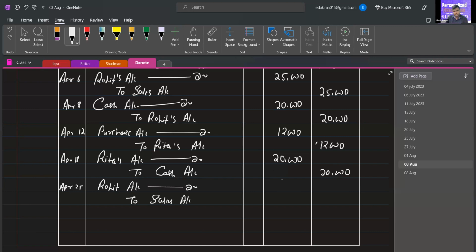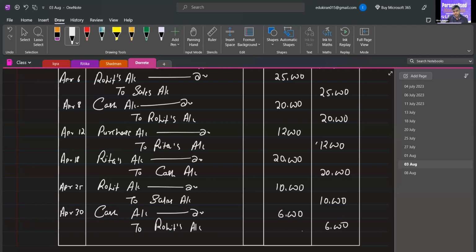Okay, sir. 10,000 and 10,000. And after that, received cash from Rohit. It is April 30, cash account debit to Rohit account. Tell me, do you have any doubt in this journal? No, sir. Okay, after writing all this, we calculate the total of the journal also.